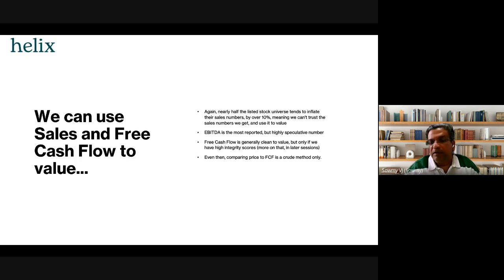Our research tells us that between 2015 and 2025, nearly half the listed stock universe inflated their sales numbers by at least 10%. Right, 10% is a material change in sales, so nearly half of the listed stock universe is doing some sort of inflation.